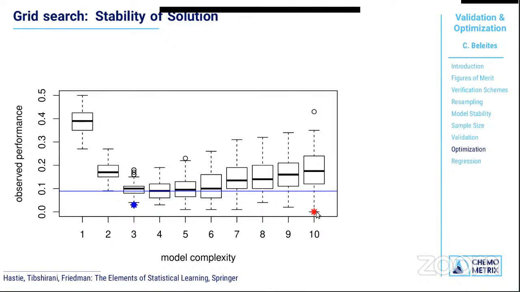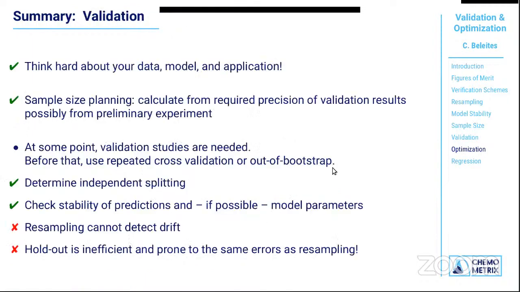We then look at the variability of our figure of merit that we observe at this maximum, go 1 standard deviation back, and then go for the least complex model that is better than this threshold, which would be 3, which would be slightly under complex, but given the fact that we had only comparably few samples here, that's certainly okay.